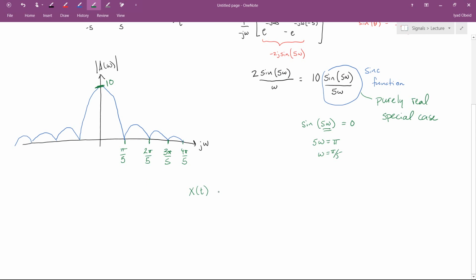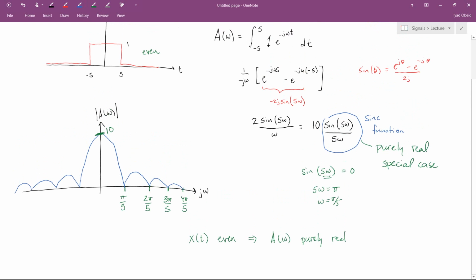So when x of t is even, what you wind up with is a Fourier transform, A of omega, that is purely real. We'll look at some more properties down the line, but for the purpose of this video, really all I wanted to do was to introduce the concept of the sinc function, which, like I said, is going to be one of the most useful things that we look at in all of signals.